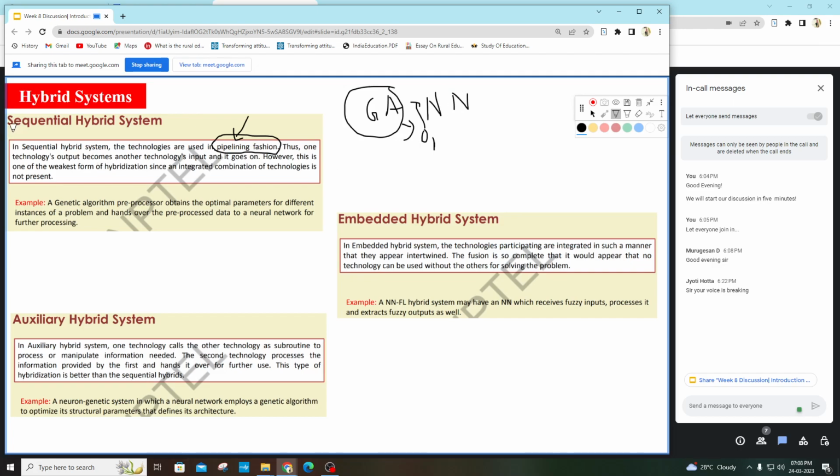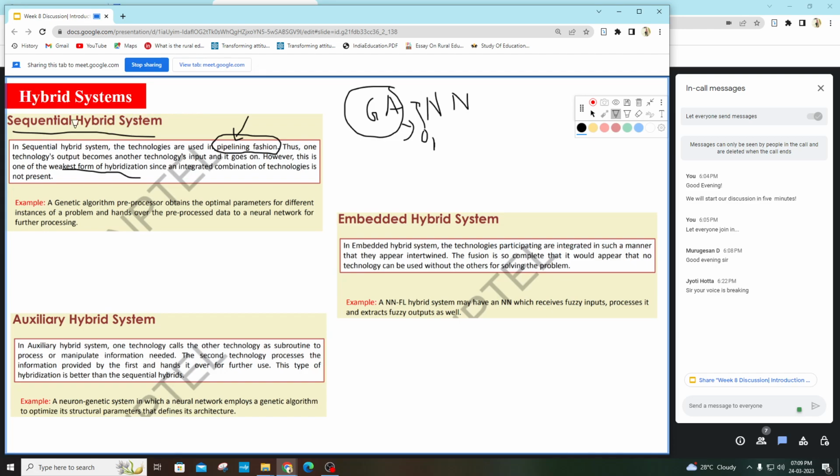But one thing you must know is that this is the weakest form of hybridization, because we are not fusing or combining anything, we are just taking the output of one technology and using it as an input for the next technology. So this is the sequential hybrid system.